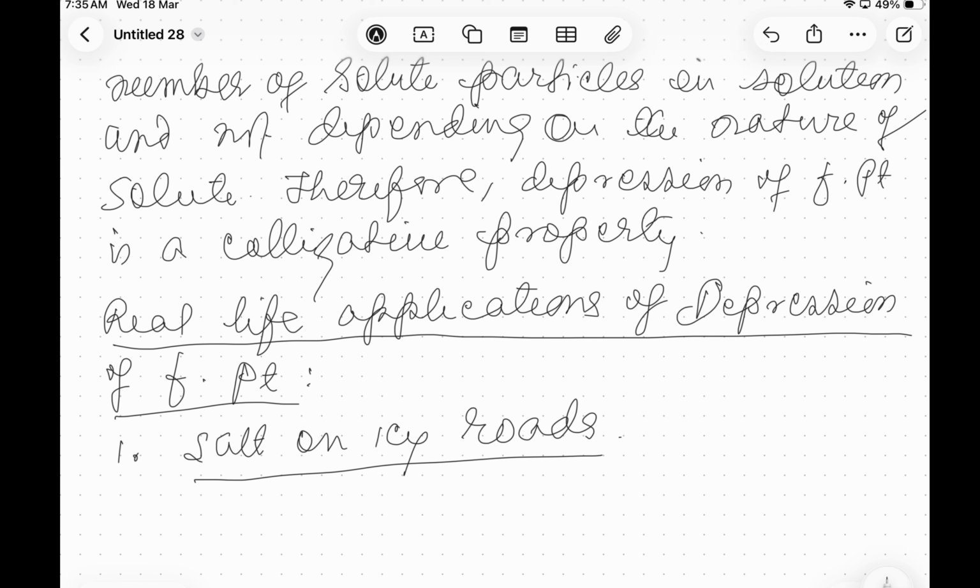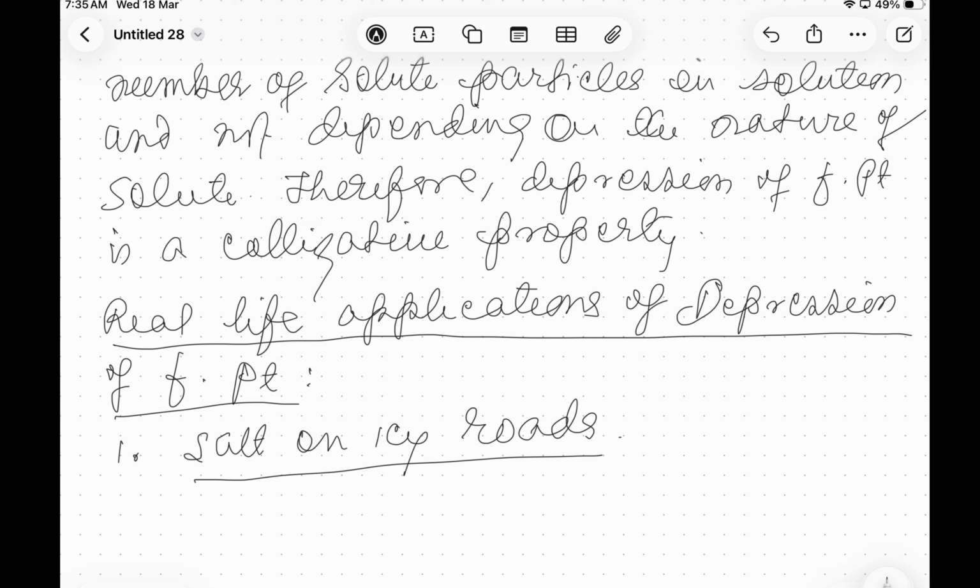In fact, when snow falls a lot on the road and vehicle movement is almost ceased, at that very time salt is spread over the road to melt the snow or to melt the ice.